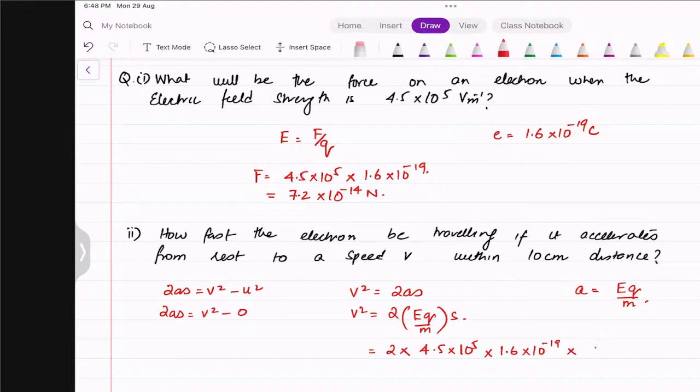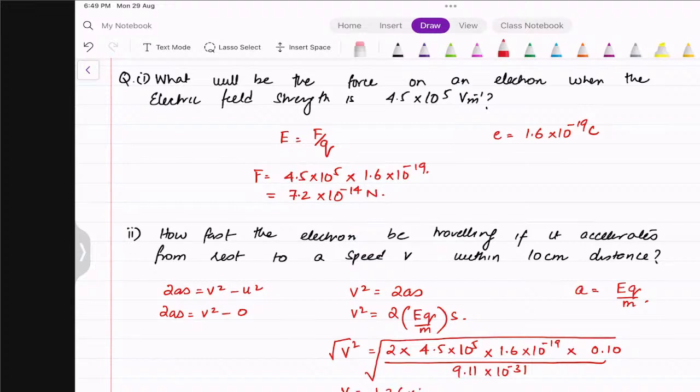So this will be 0.10 meters, divided by the mass of the electron, 9.11 times 10 raised to minus 31. You can find these values in the sheet. Because this was v squared, we have to take the square root on both sides, and ultimately you should be getting 1.26 times 10 raised to 8 meters per second. Any questions, please let me know.